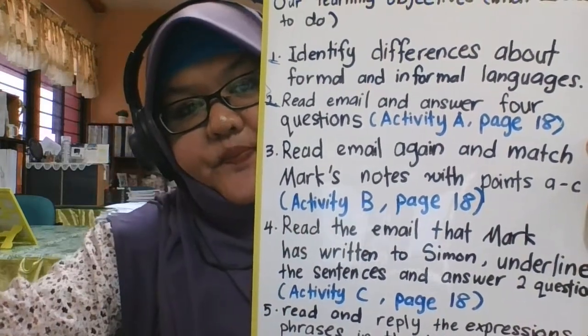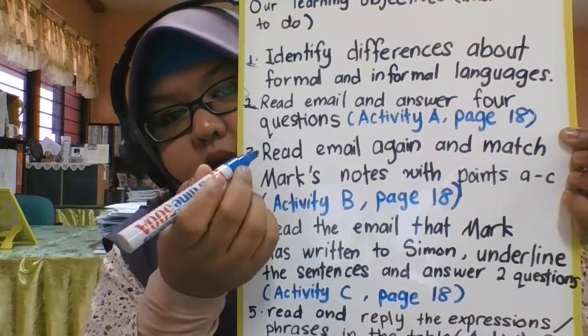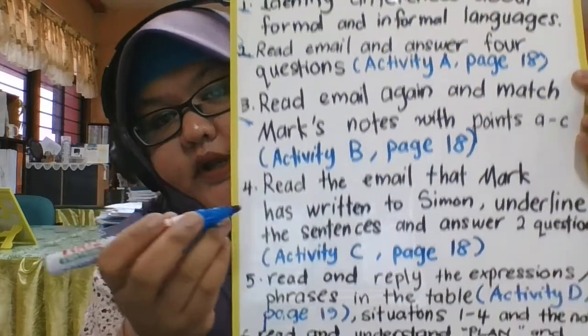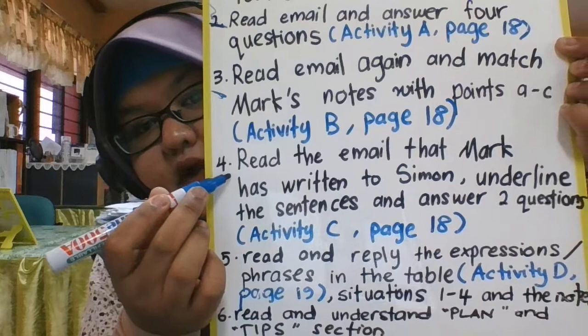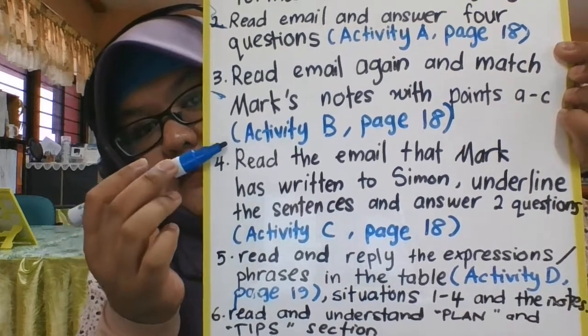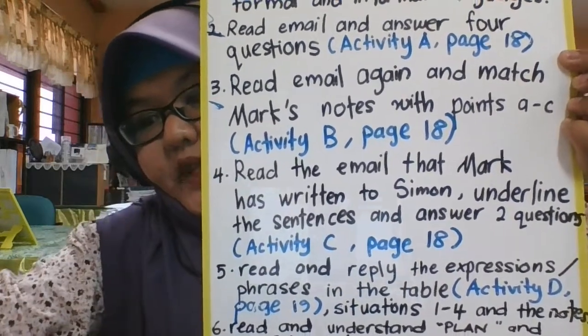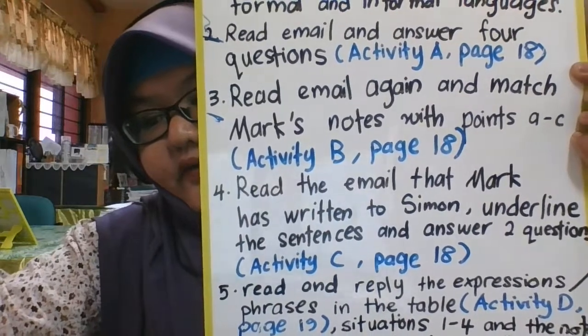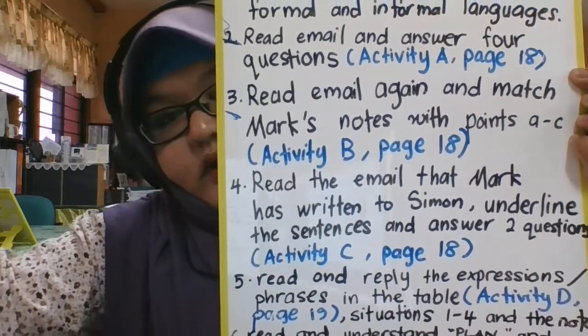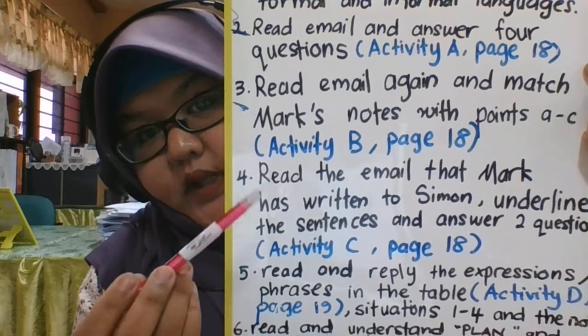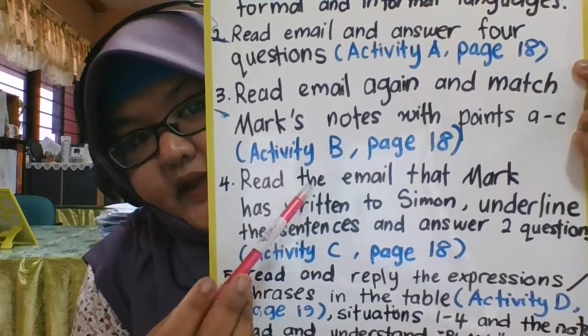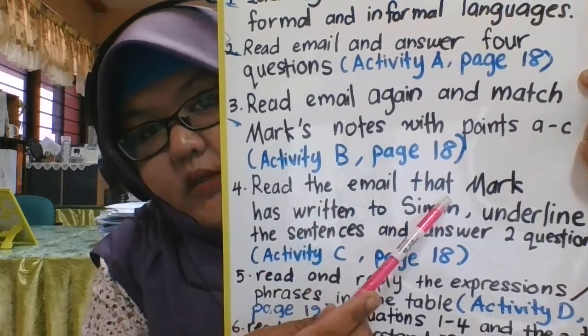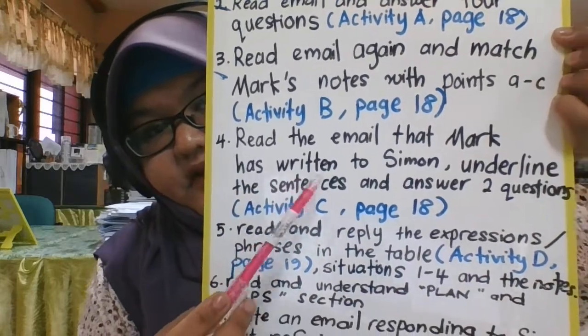Right. Now, we are looking at 4. After you have done this, activity B, you need to do the next one. Read the email that Mark has written to Simon.